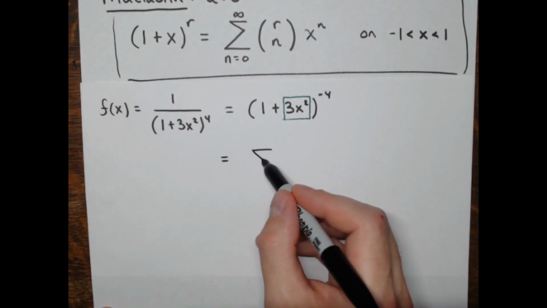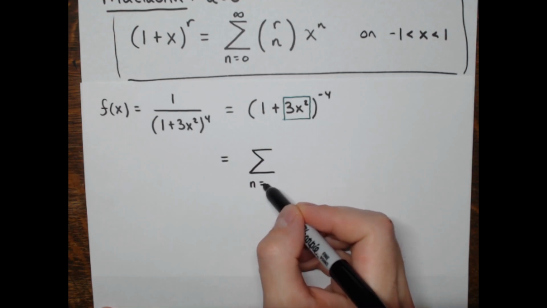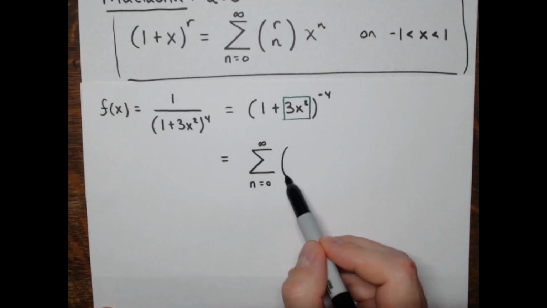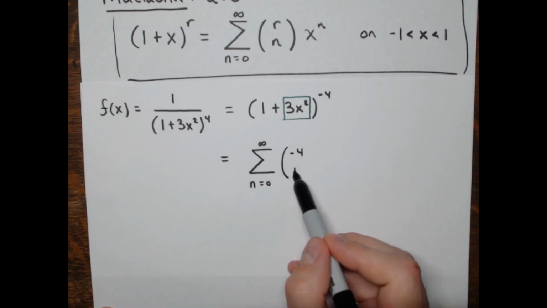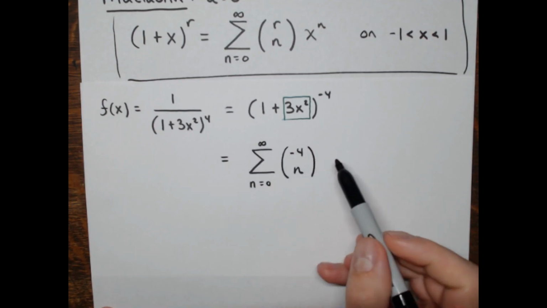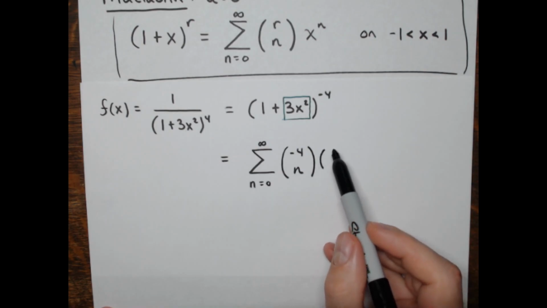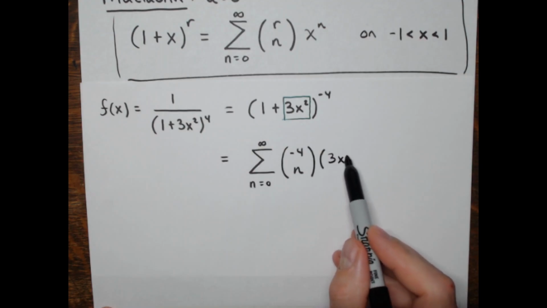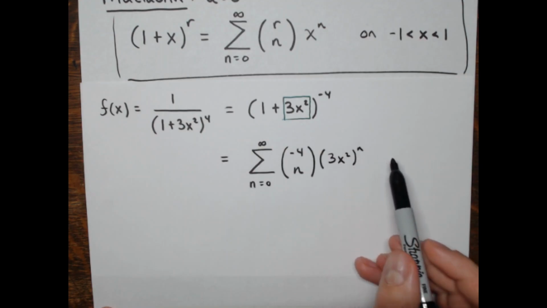So this should be the sum from n equals 0 to infinity of, once again, r is negative 4, so negative 4 choose n, and then the thing replacing x is 3x squared, right? So times 3x squared to the nth.